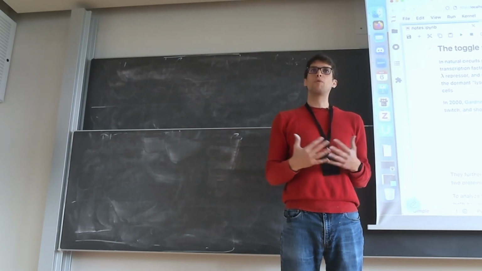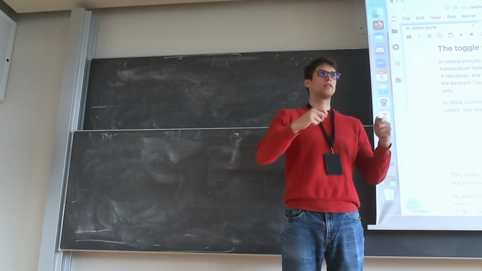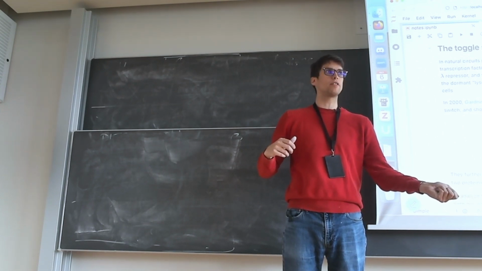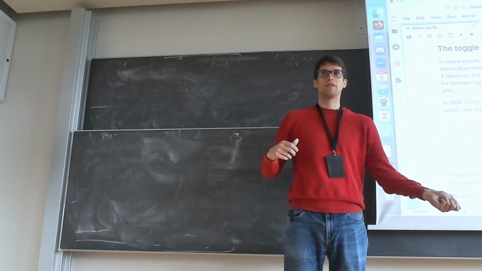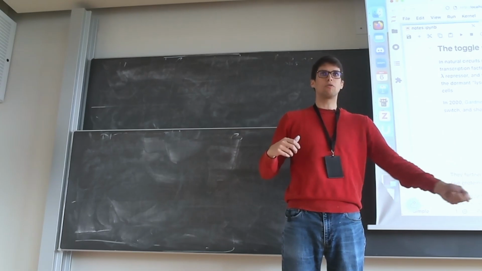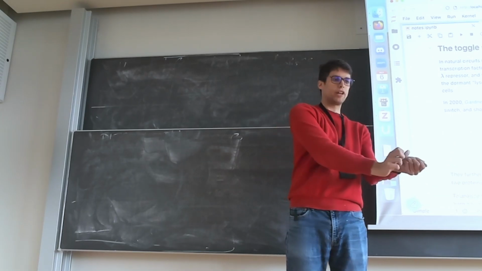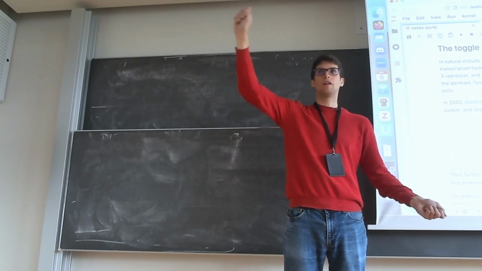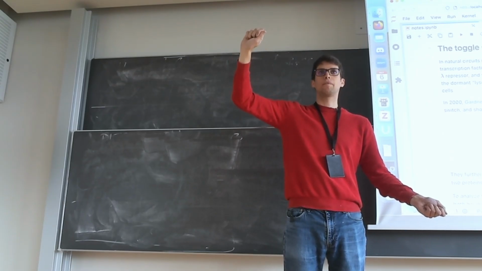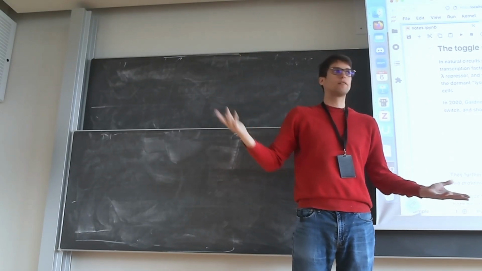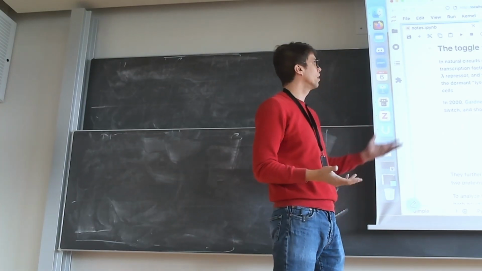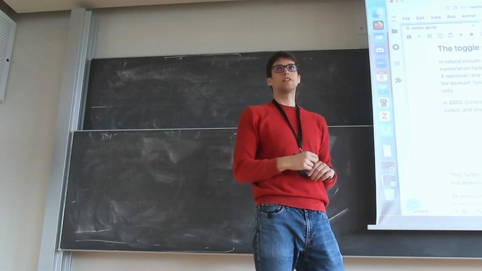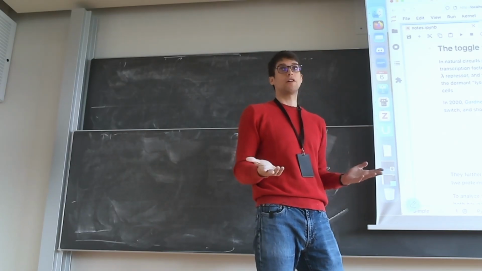Because if you can push your system towards, let's say, the lower of the two stable points, it will stay there, even if there's some noise going on down there. If you're pulling it up, it will stay there, even if there's some noise going on up there. So you're building a memory, a 1-bit memory, also called just a toggle switch. You can switch it on, it stays on. Switch it off, it stays off.